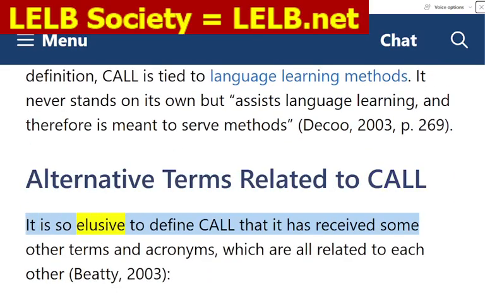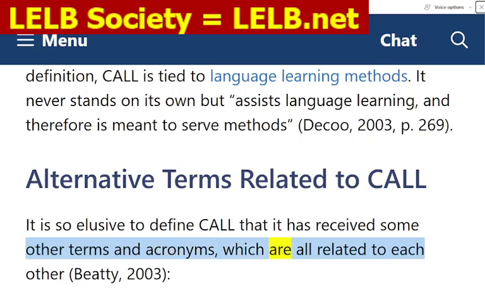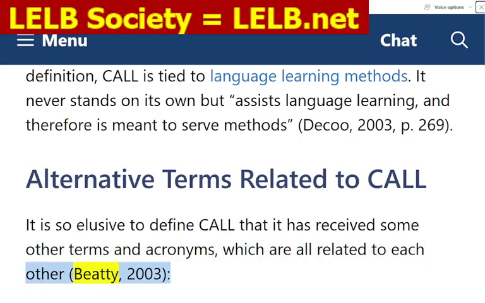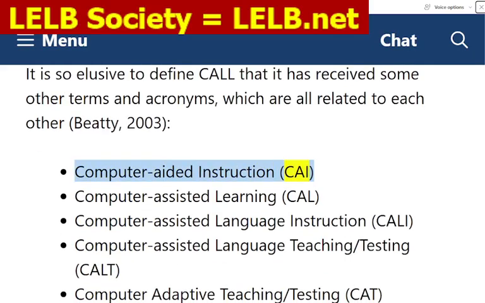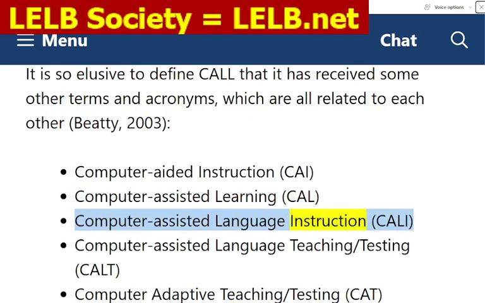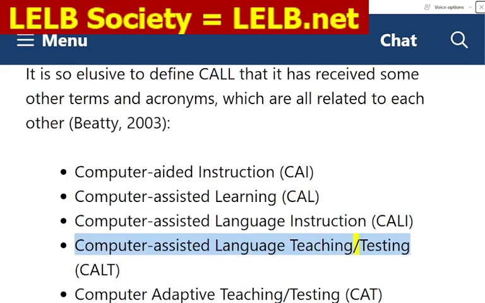Alternative terms related to CALL. It is so elusive to define CALL that it has received some other terms and acronyms, which are all related to each other. Beatty, 2003. Computer-aided instruction, CAI. Computer-assisted learning, CAL. Computer-assisted language instruction, CALI. Computer-assisted language teaching/testing, CALT.